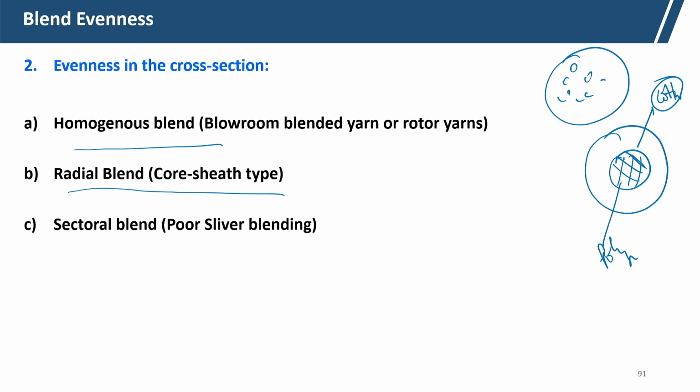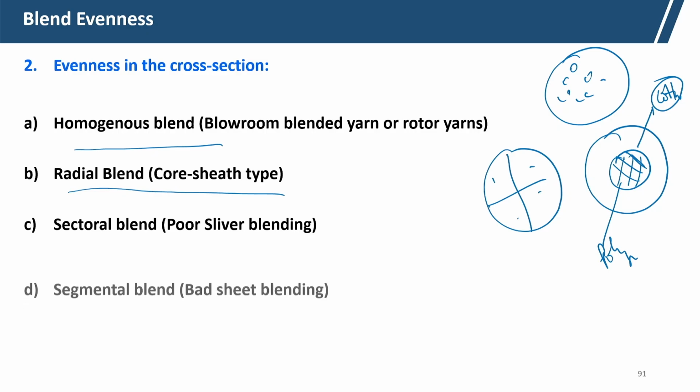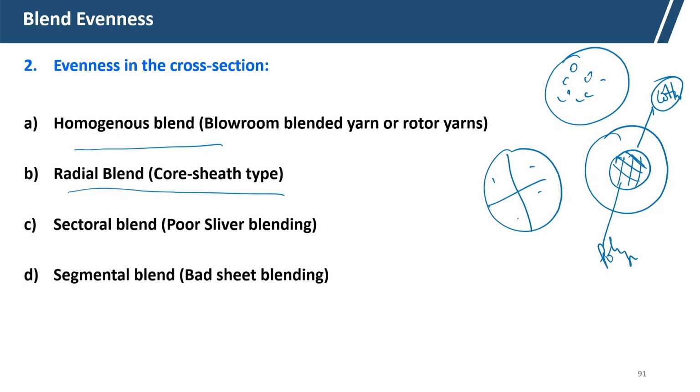Sectorial blend, that is poor sliver blending. These are different sectors where we see the blending. In a draw frame we can get segmental blending, bed sheet blending. So, these are the different blend evenness types in cross section: homogeneous blending, radial blending, sectorial blending, segmental blending.